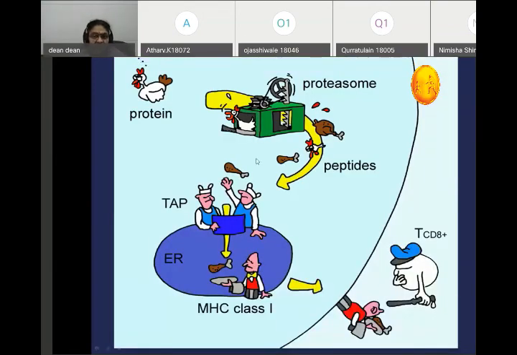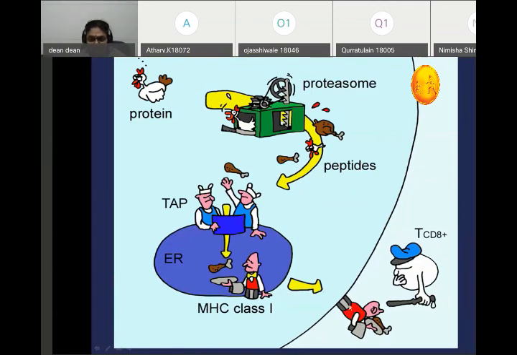This is a cartoon which indicates how MHC restriction occurs. When the antigen enters the antigen presenting cell, it is degraded. So processing of antigen occurs, peptides are released, and after processing, it is presented on the surface of the antigen presenting cell.